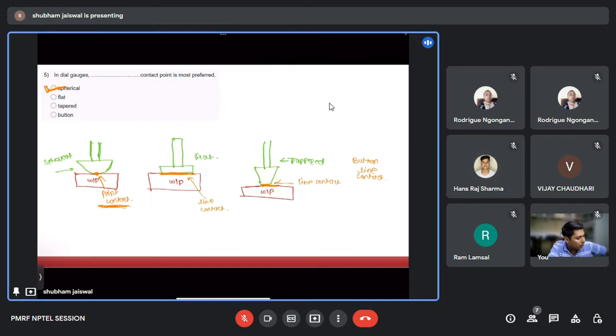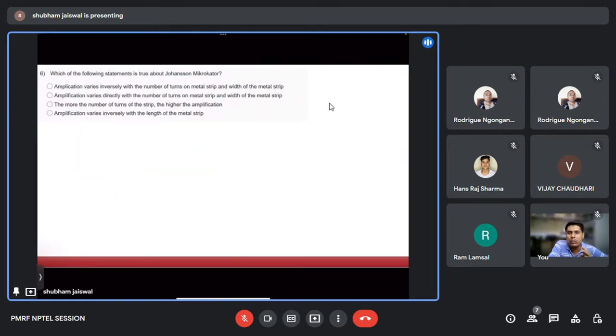Moving to our next question. Which of the following statements is true about the Johansson Mikrokator? Amplification varies inversely with the number of turns on the metal strip and the width of the metal strip. Amplification varies directly with the number of turns on the metal strip and the width of the metal strip. The more the number of turns on the strip, the higher the amplification. Or the amplification varies inversely with the length of the metal strip. So what do you think?